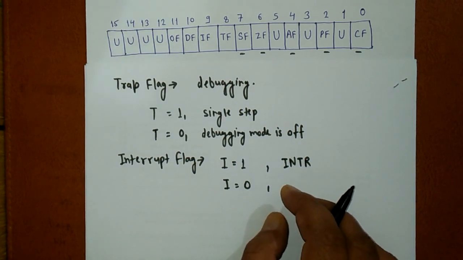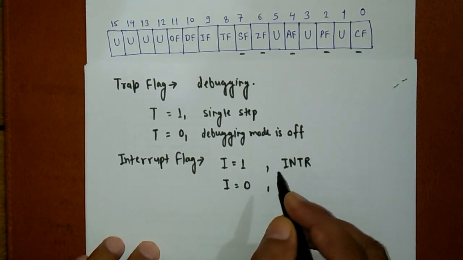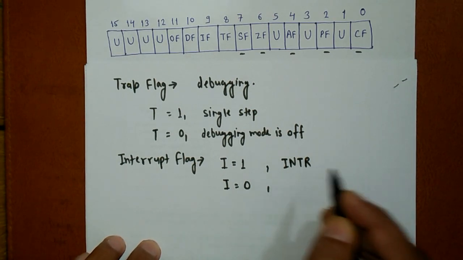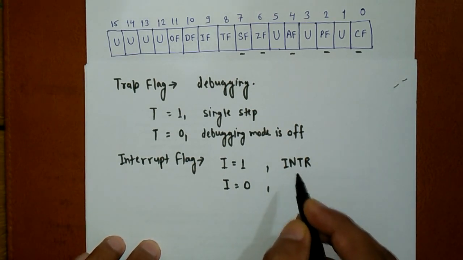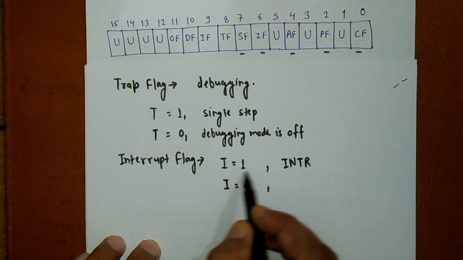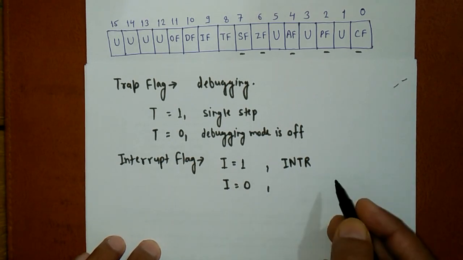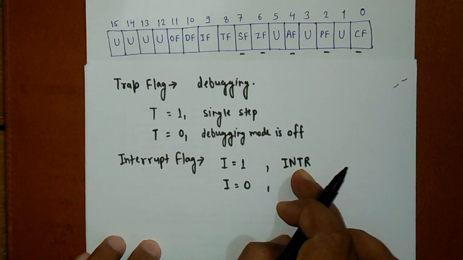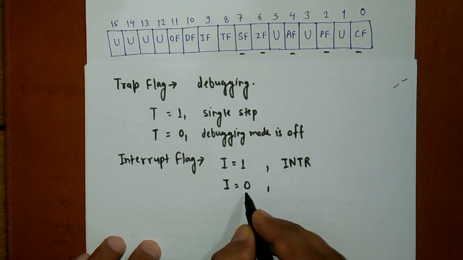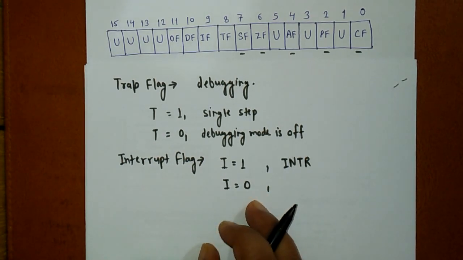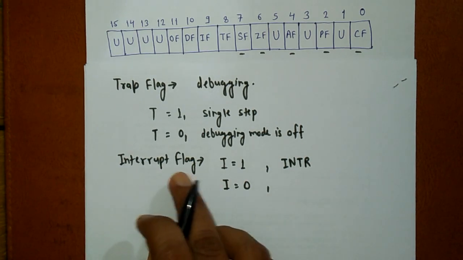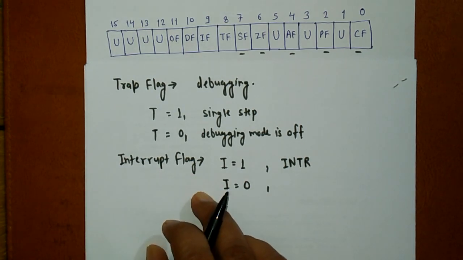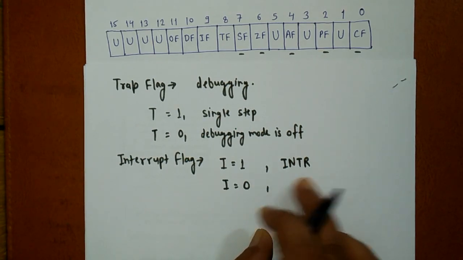So simply, if you want to interrupt your 8086 program execution using INTR, you must first put a 1 in the interrupt flag. And if you do not want to be interrupted through INTR, you will have to put a 0 in the interrupt flag register. So this interrupt flag is used simply to interrupt program execution through the INTR input pin of the 8086 microprocessor.